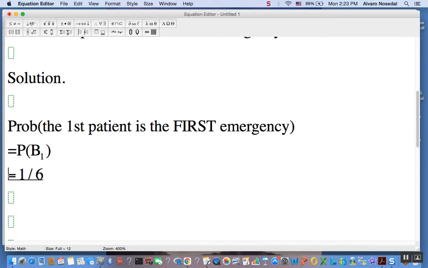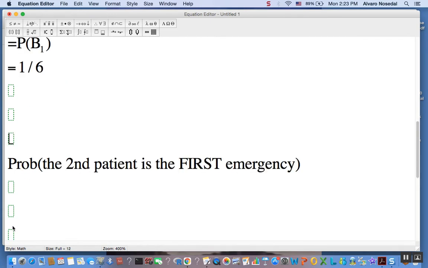Now let's try and do something similar with the second patient. What is the probability that the second patient happens to be the first emergency? Let's think about it.